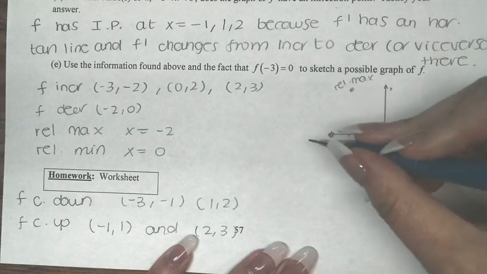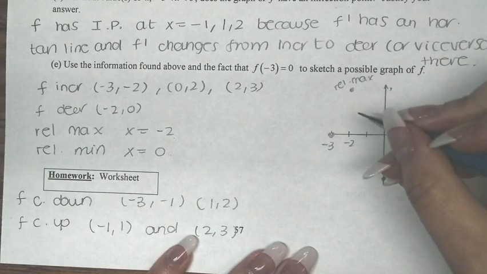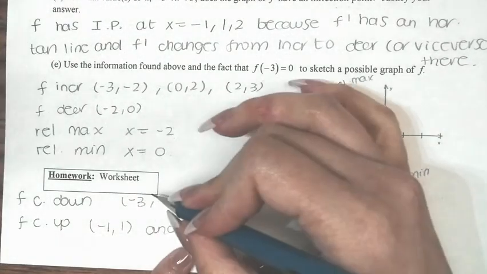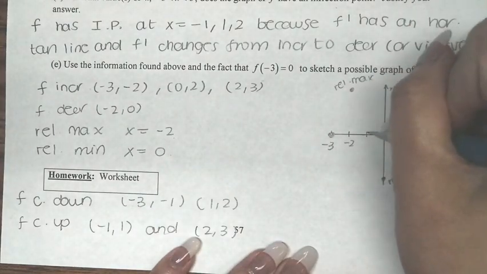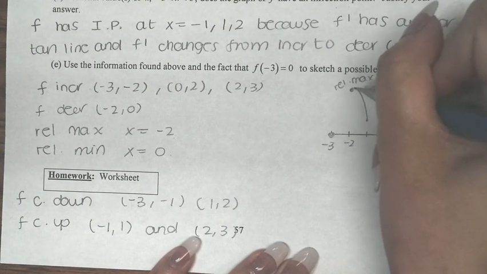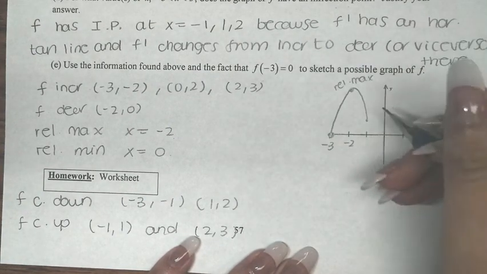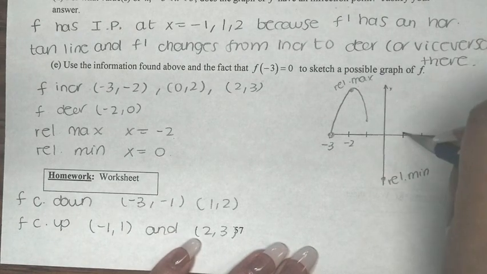After that, I would go with the concavity. I know that it's concave down from -3 to -1, so you can do something like this. That's concave down. And then you know that there's a concavity change from -1 to 1, so I would put something like this.